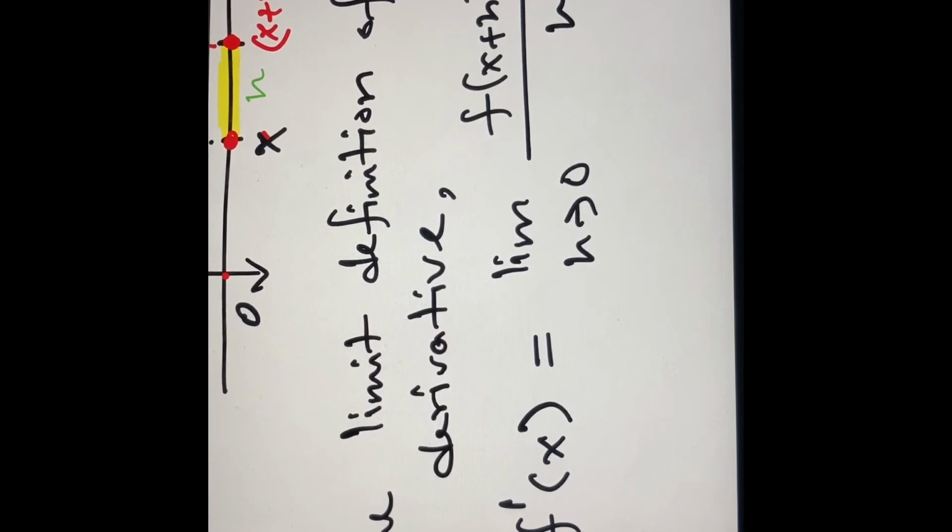So the limit definition of the derivative says f prime of x is equal to the limit as h approaches 0 of f of x plus h minus f of x over h.